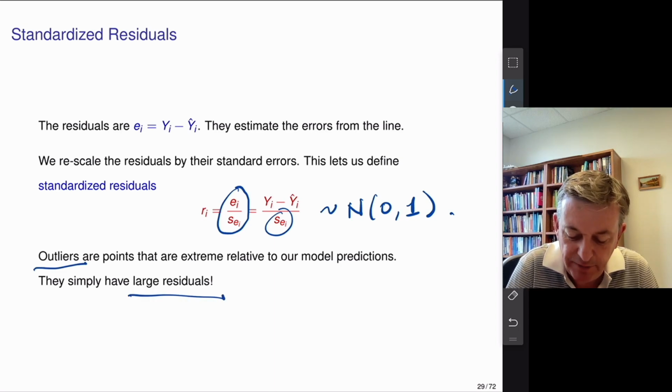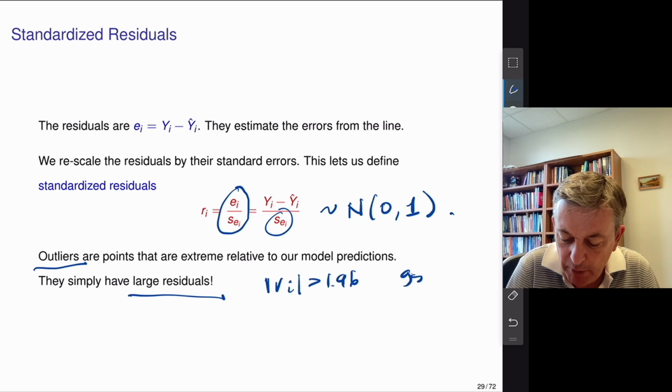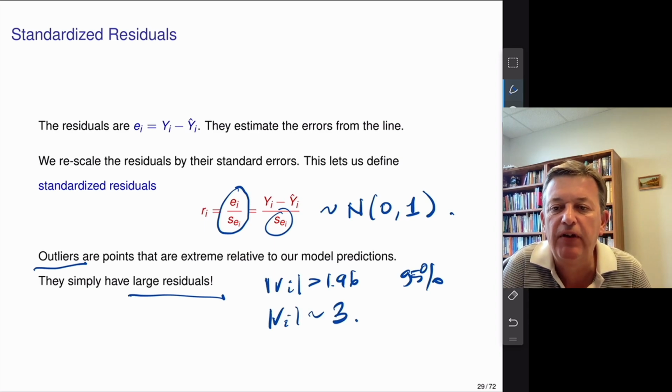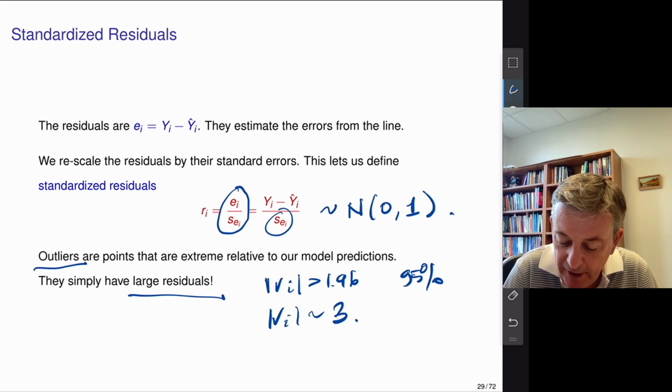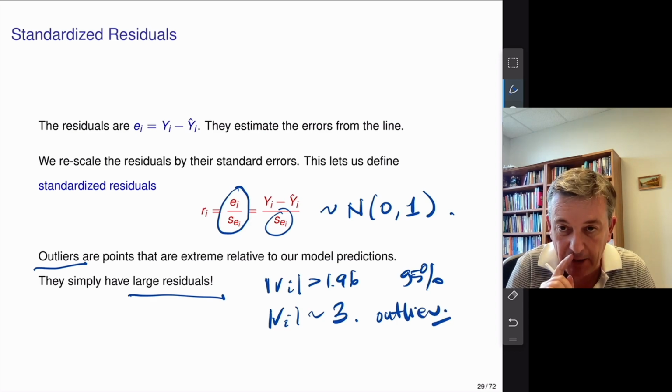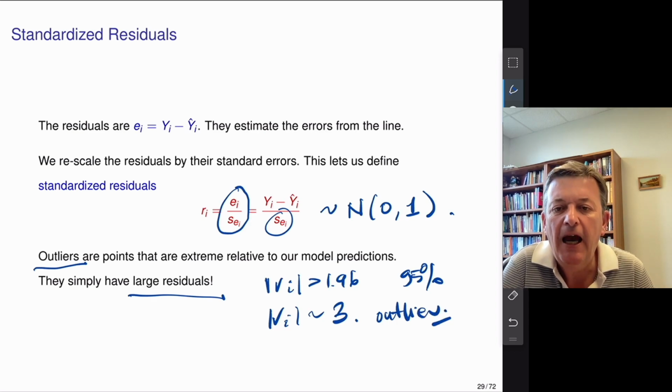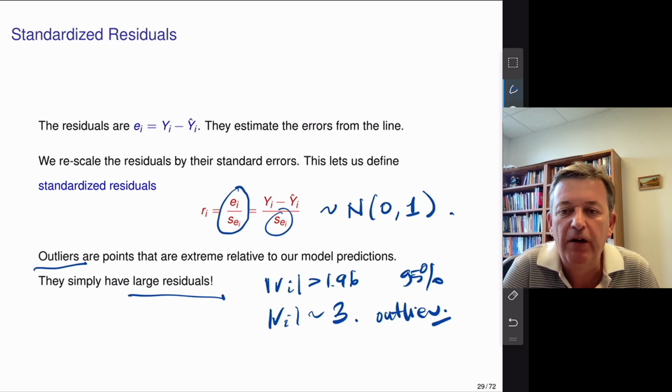So remember that 95% of the time you expect the residuals to be smaller than 1.96 in magnitude. So for example, any residual that's on the order of 3 standard deviations away from your prediction line is going to be seen as a case for a pretty big outlier. And again, when you run a regression model, it's always a good idea to look at residual diagnostics, first of all, mainly to check assumptions.